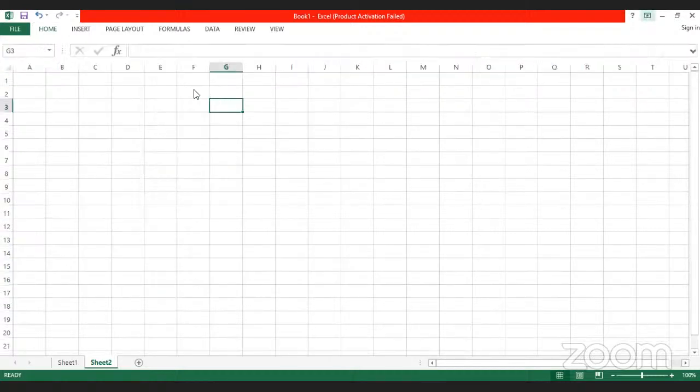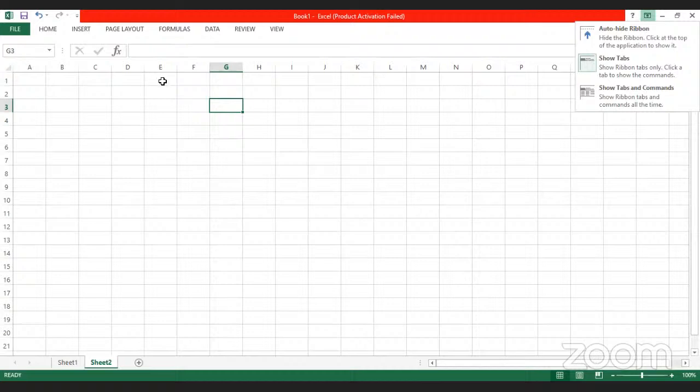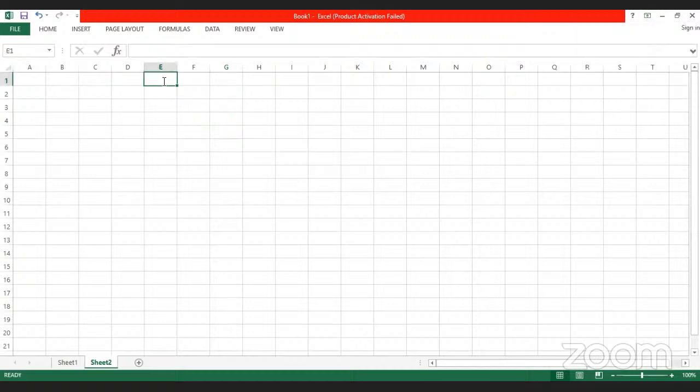So we have created a heading, as I told you already. This is F Brown, statement of financial position.